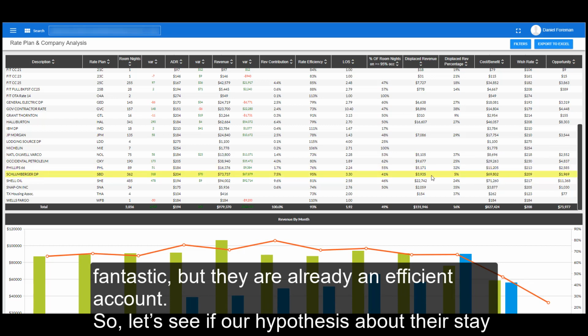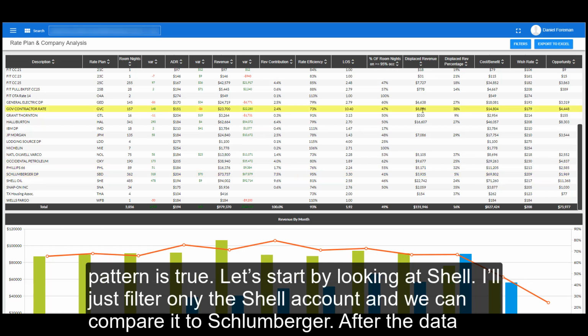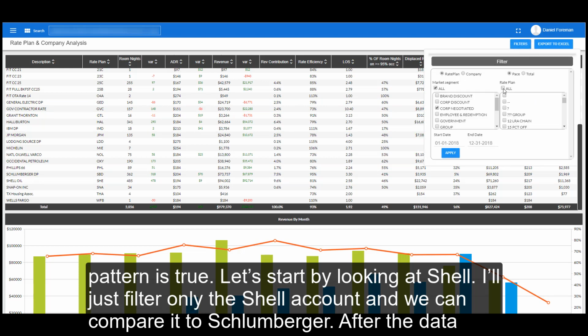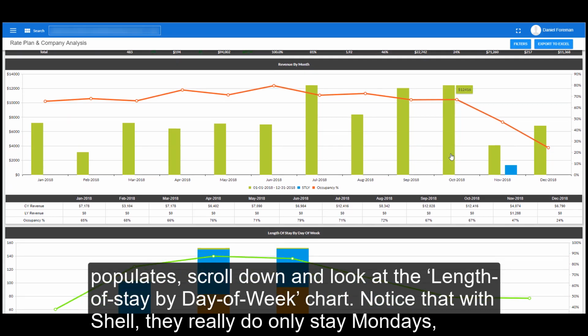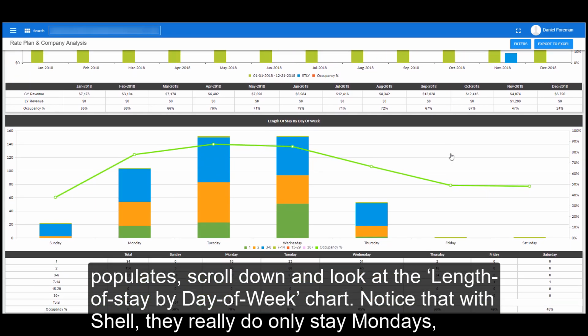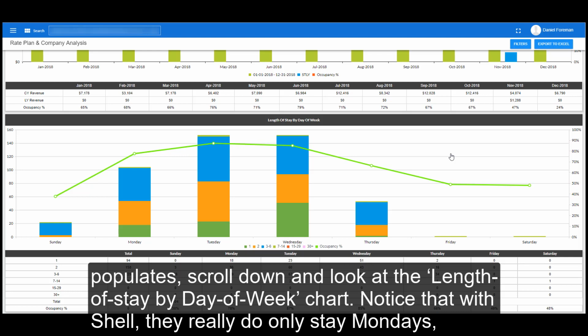So let's see if our hypothesis about their stay pattern is true. Let's start by looking at Shell. So what I'm going to do is just filter the Shell account. Let's see what their stay pattern looks like, and then let's compare it with Schlumberger. So you'll notice that I'm filtering only Shell, and then I'm going to scroll down here and take a look at the length of stay by day of week.